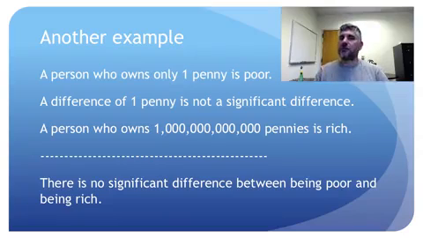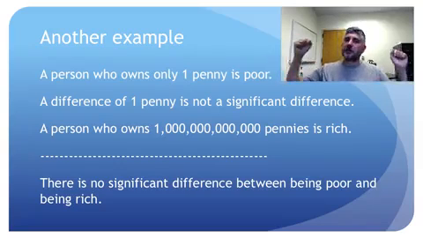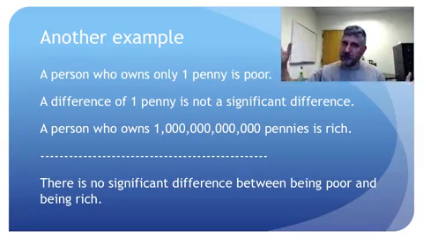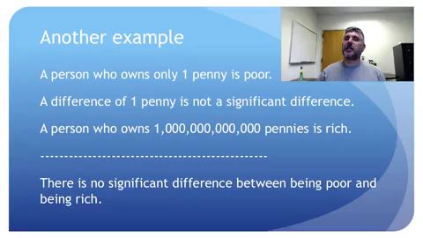So even if each individual member of a group is not powerful, that doesn't mean the group is not powerful. And similarly, even if each one penny component of the difference between poverty and wealth is not a significant difference, that doesn't mean that the complete difference, the series of one penny differences, is not a significant difference. So that's why this is a fallacy.